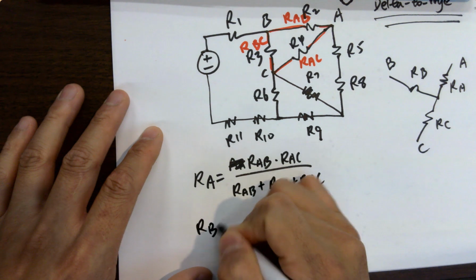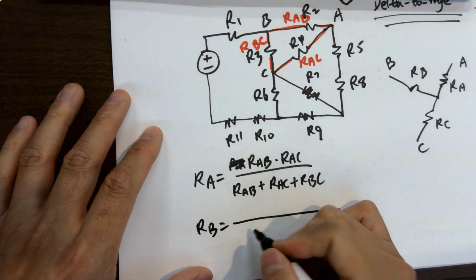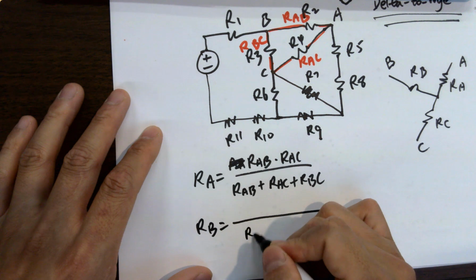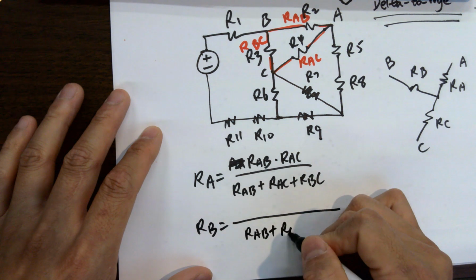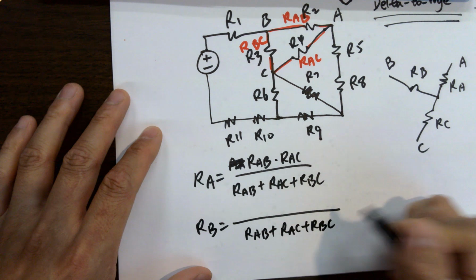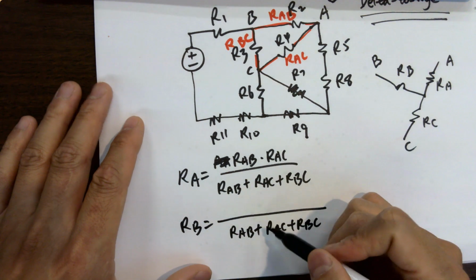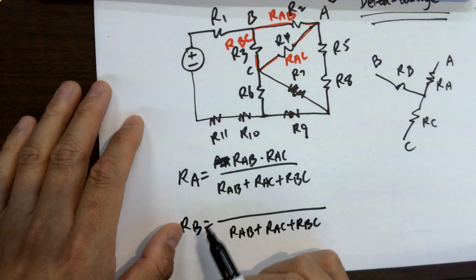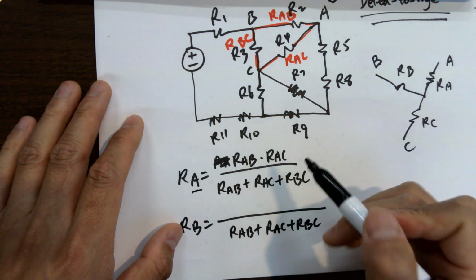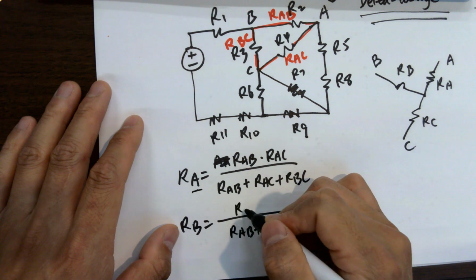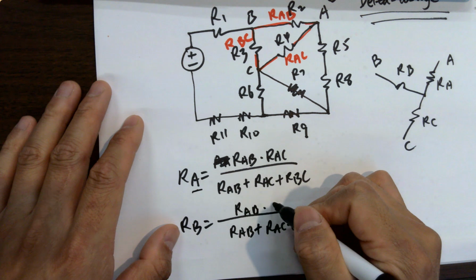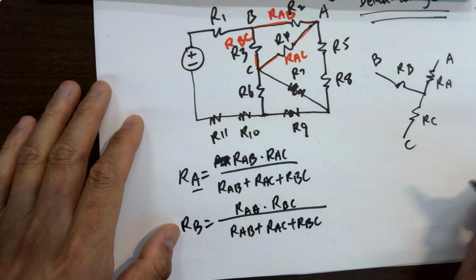So RB is what? I'll let you guys tell me. So the denominator will be what? Same. Numerator, just use this one combined with the other ones, right? So it's RAB times RBC. Yes.